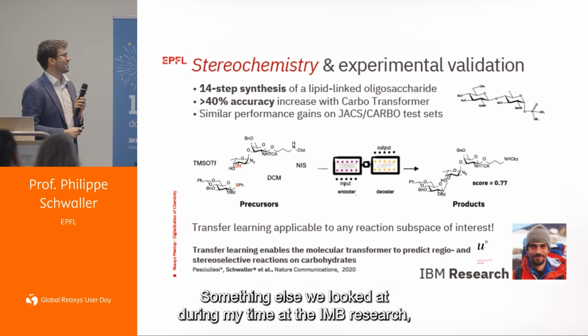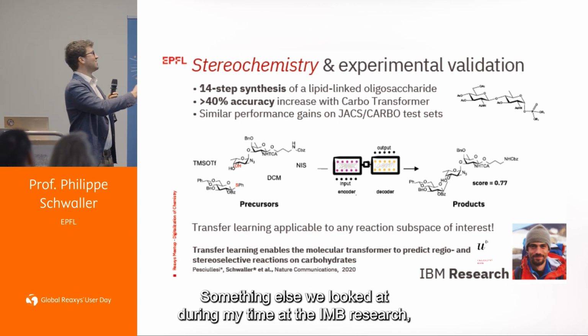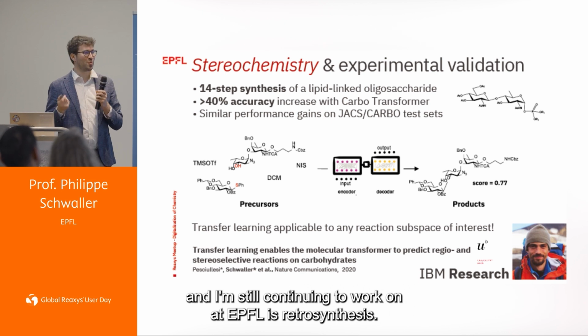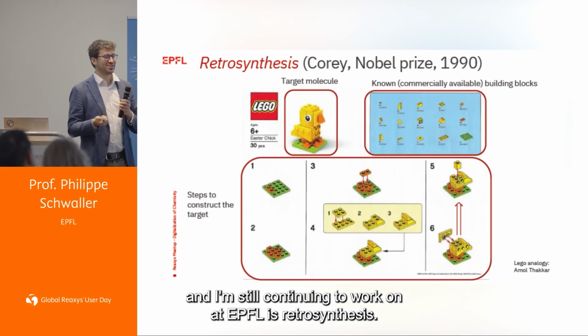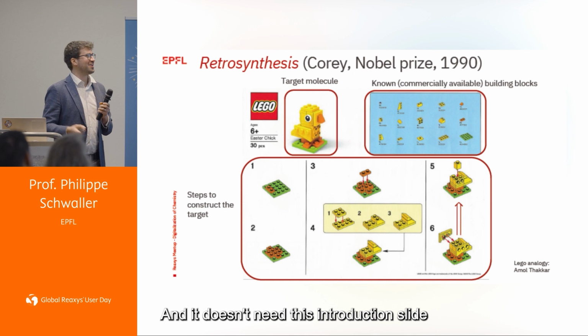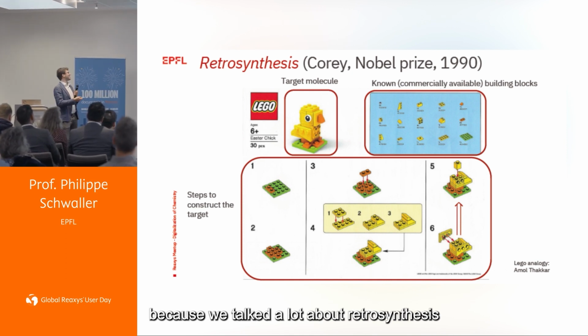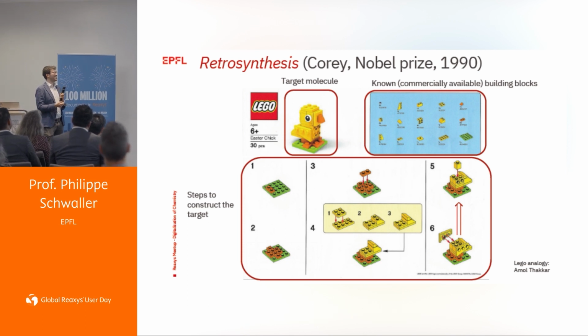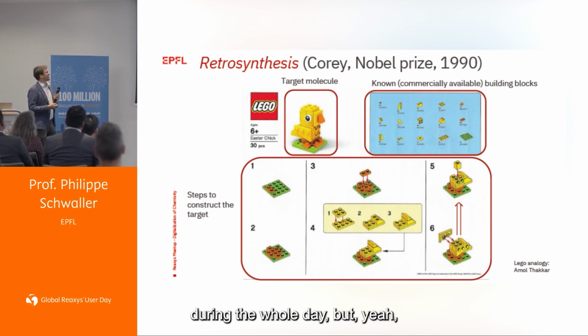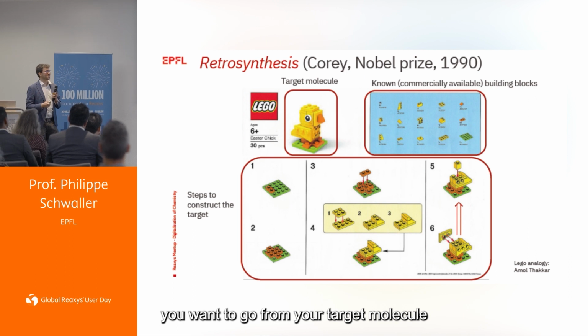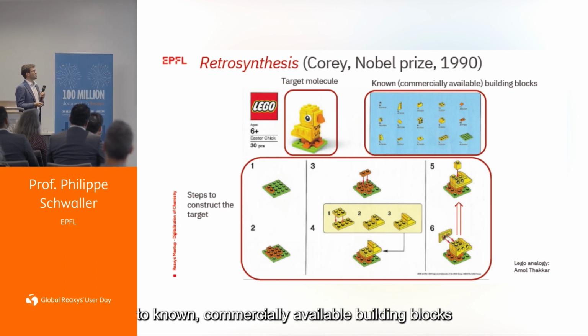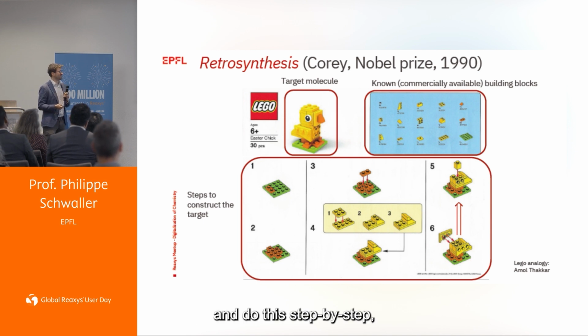Something else we looked at during my time at IBM Research, and I'm still continuing to work on at EPFL, is retrosynthesis. And it doesn't need this introduction slide because we talked a lot about retrosynthesis during the whole day. But you want to go from your target molecule to known commercially available building blocks and do this step by step.